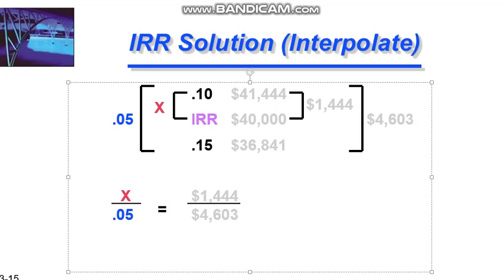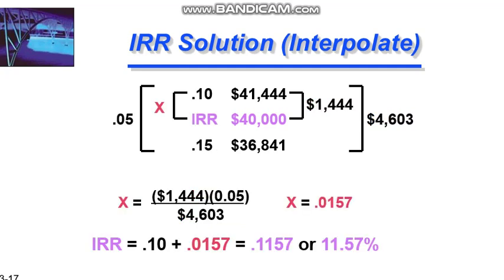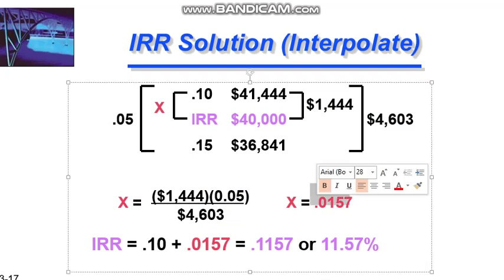So what we will do next, we will solve it as an equation, where the 0.05 below X will go to the other side, and that will be multiplied and divided, and now we will get the value of X, that is 0.0157.